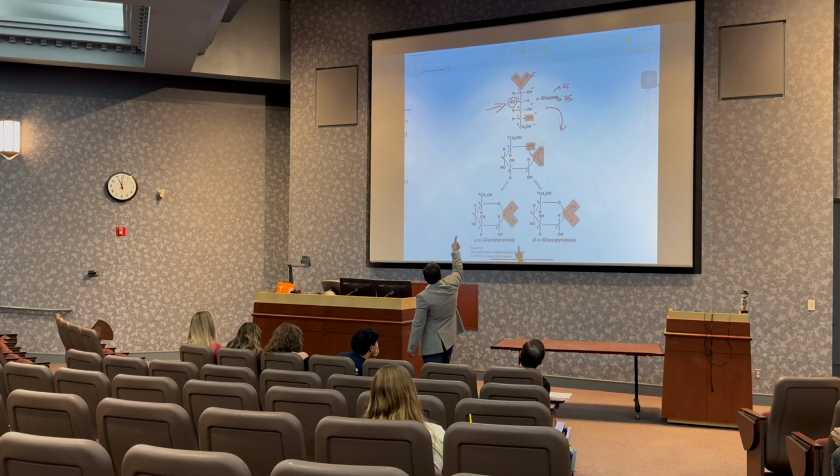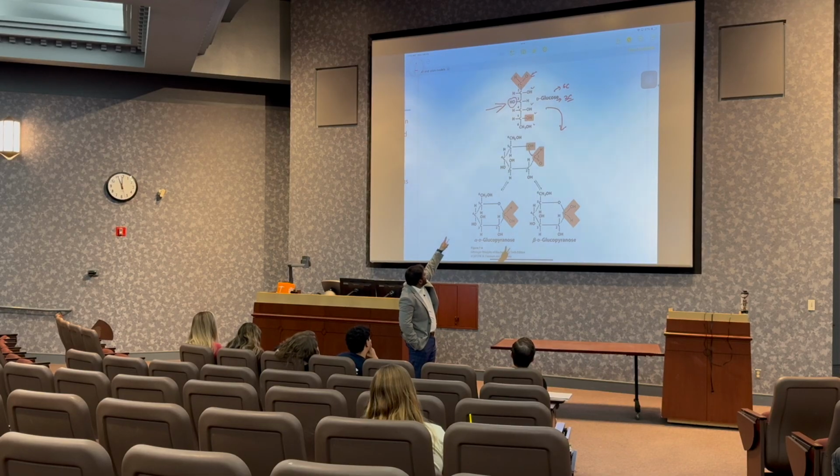Anything on the right side will go to the bottom, anything on the left side will go to the top, right? So can you see the position of H and OH at the second carbon? OH is on the right side, so it will go to the down position. H on the left will go up.